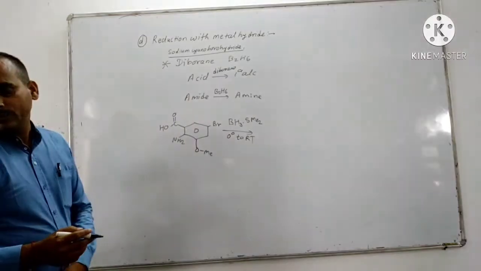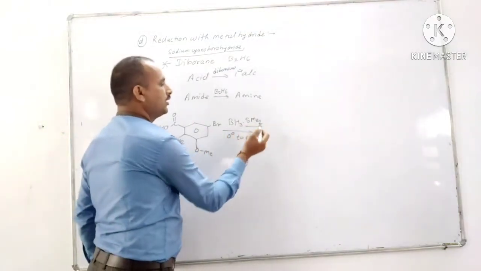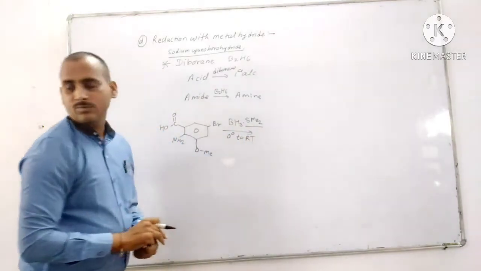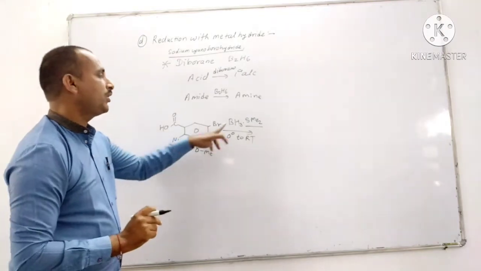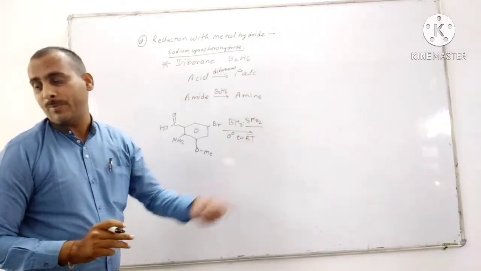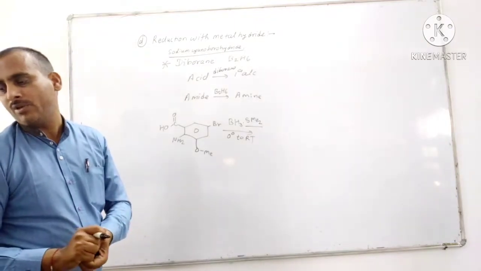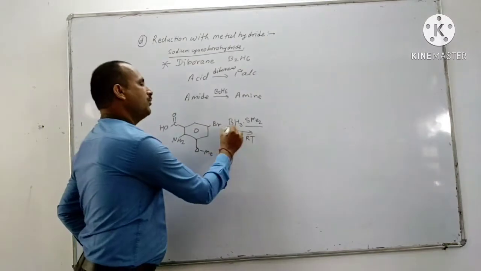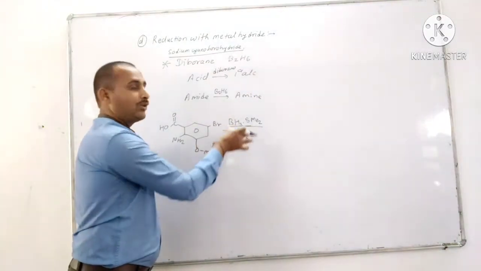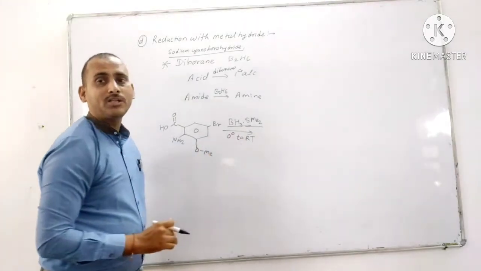Dimethyl sulfide borane is better than BH3 in THF. BH3 in dimethyl sulfide is more stable, more stability than the BH3 in THF.